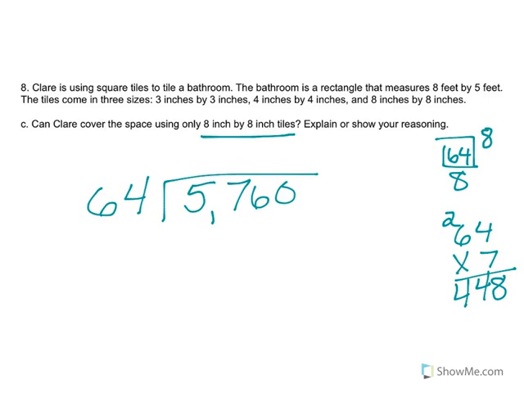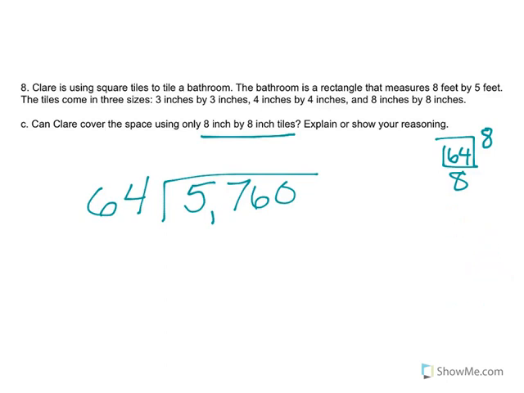So I want you guys to think about it this way. If I did 64 times 10, I'd have 640. So that might help you figure out, okay, it's going to go in there quite a few times. Should we try 9? Yes.